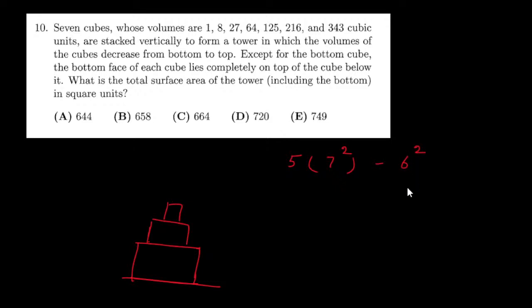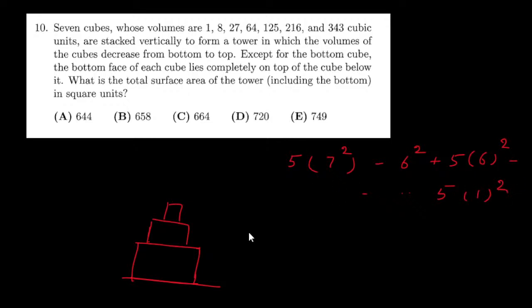Okay, then on the top of it again I have 5 times 6 square, and then again I have to subtract one area from the top of it, that is 5 square. So I will continue like this, and at the end we have 5 times 1 square. Okay, and there I don't have to subtract anything.